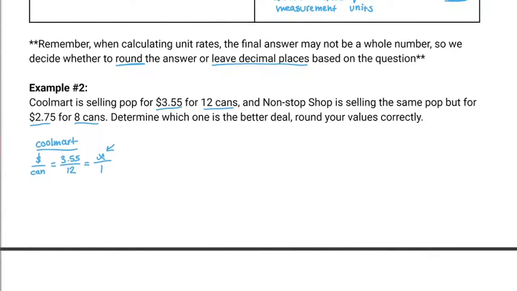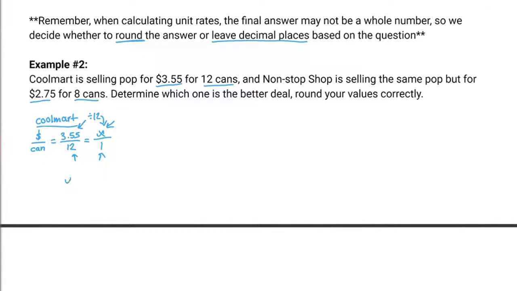So how do we go from 12 to 1? This is pretty straightforward. We just have to divide 12 by 12 to get 1, meaning that we would have to divide the 3.55 by 12 to get the x. So let's do that right now. x is equal to 3.55 divided by 12. I'm going to do this on my calculator right now, and you can follow along as well.